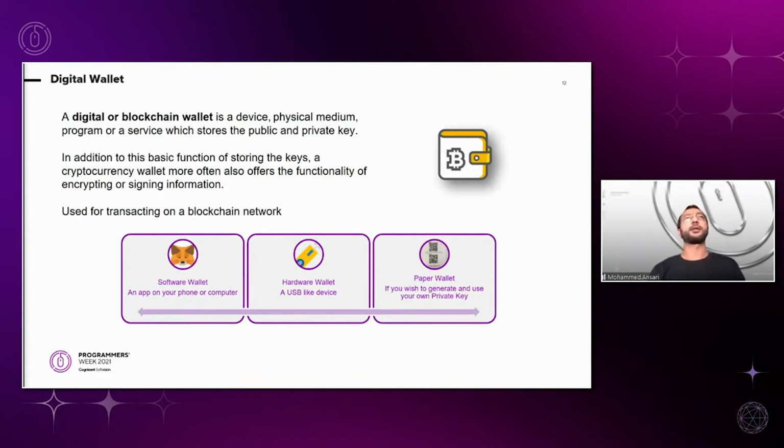But they're still in wide use because hardware wallets, in terms of cost, are expensive things, right? And their compatibility is another problem. So, in a nutshell, a digital wallet is the thing that you would need. It's the client application that you're going to use when you're going to deal with the blockchain network.